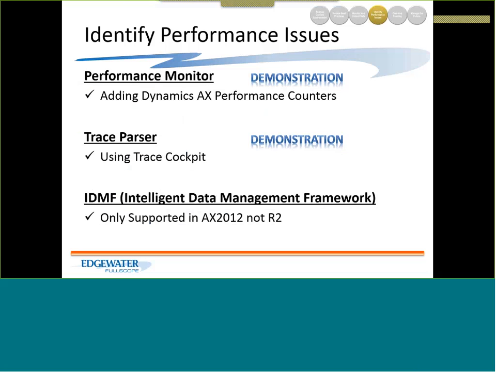Performance Monitor is a great tool that everybody's so used to using, but I think a lot of people don't realize that on an AOS server, you can add AX-specific performance counters that enable you to log and document what's going on between the cache, for the AOS, how many client sessions are being created or killed, and it gives you usage about Enterprise Portal.